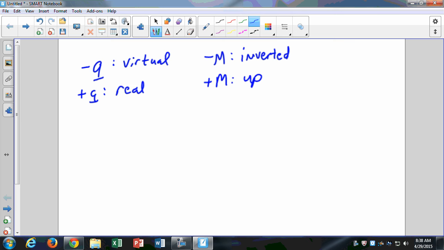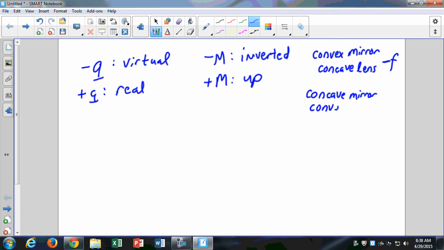And if I have a convex mirror or a concave lens, that is a negative focal length. If I have a concave mirror or a convex lens, that is a positive focal length. So just knowing what those signs mean will help you.